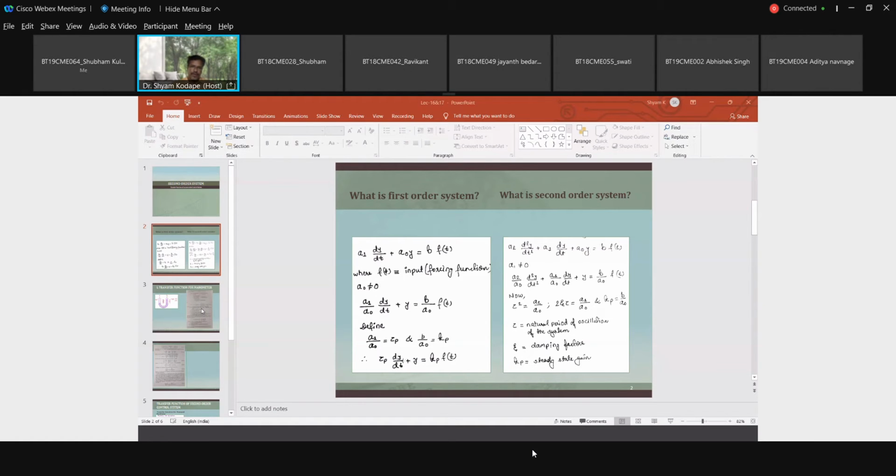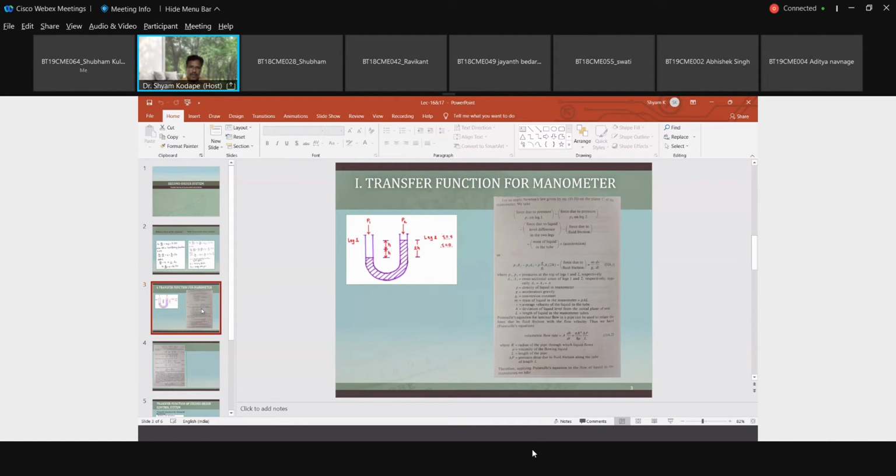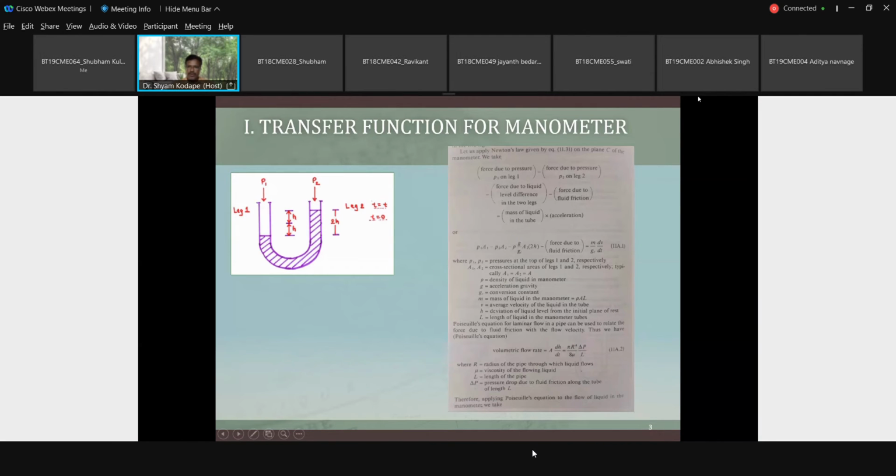In the mathematical format, in yesterday's class, we derived the equation for the transfer function of the U-tube manometer.